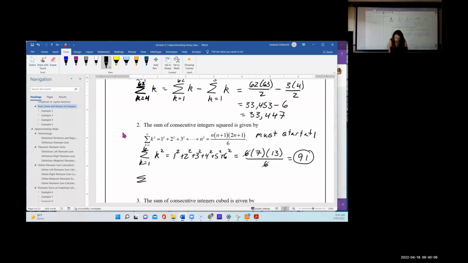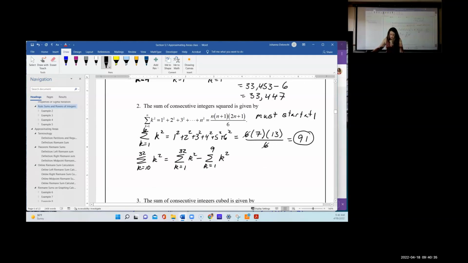So if you had the sum from k equal 10 to 32 of k squared, you would do the sum from k equal 1 to 32 of k squared minus the sum from k equal 1 to 9 of k squared. Take off the ones that you didn't want, all right?